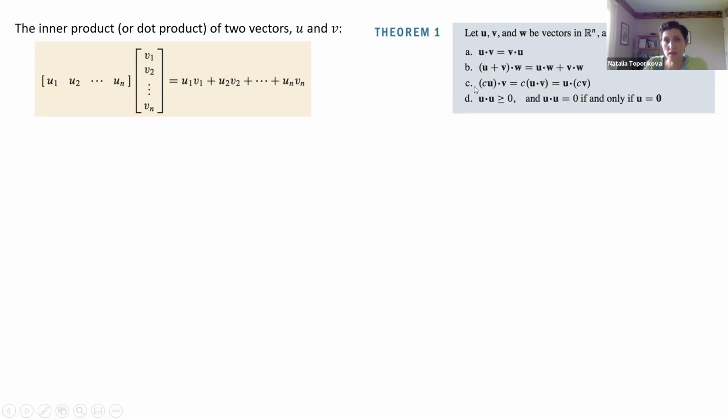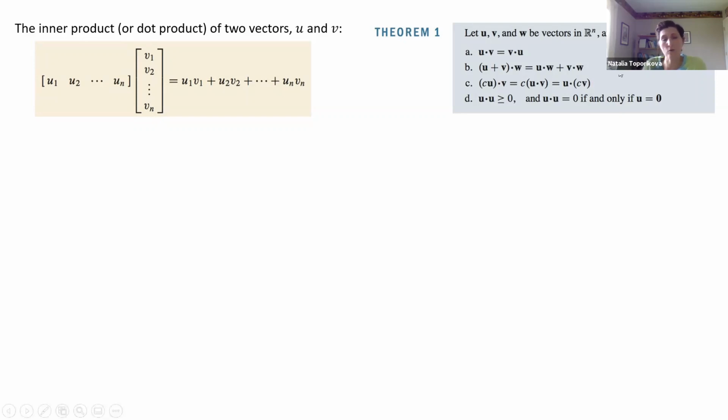Property C tells us that we can pull out a constant. If one of our vectors, say u, is multiplied by the constant C, we can pull it out of the dot product, or we can distribute this constant to the second vector, whichever gives you the same result, the same number.